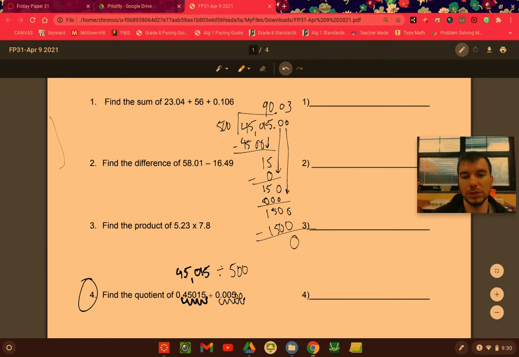When we get that, we get 90.3 exactly. This week, we got no repeating decimals. So easy peasy, lemon squeezy right there. So there is number 4.